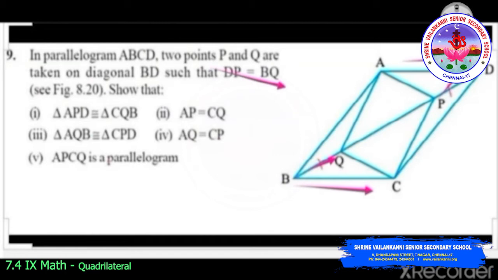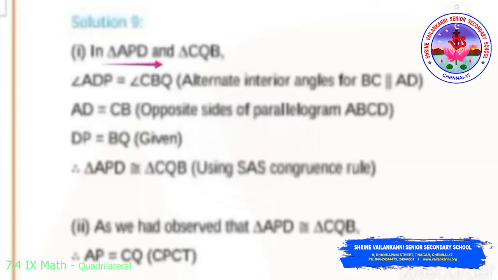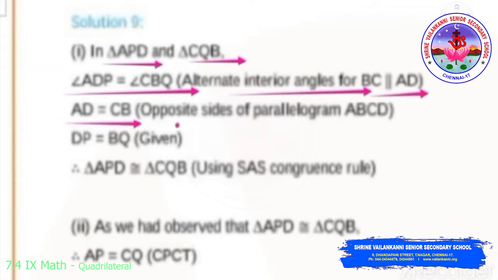Now coming to the solution. We are considering triangle APD and triangle CQB. As I said, when AD is parallel to BC, I can get the alternate interior angles: angle ADP is equal to angle CBQ. The second point, AD is equal to BC, which are the opposite sides of the parallelogram ABCD.